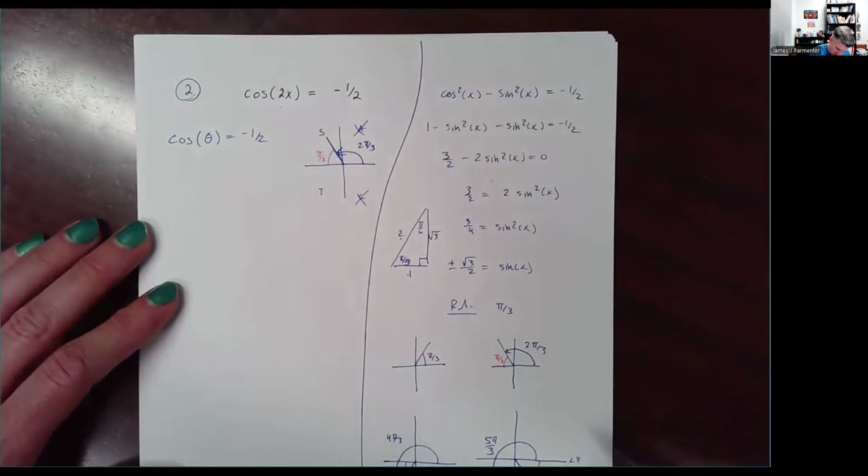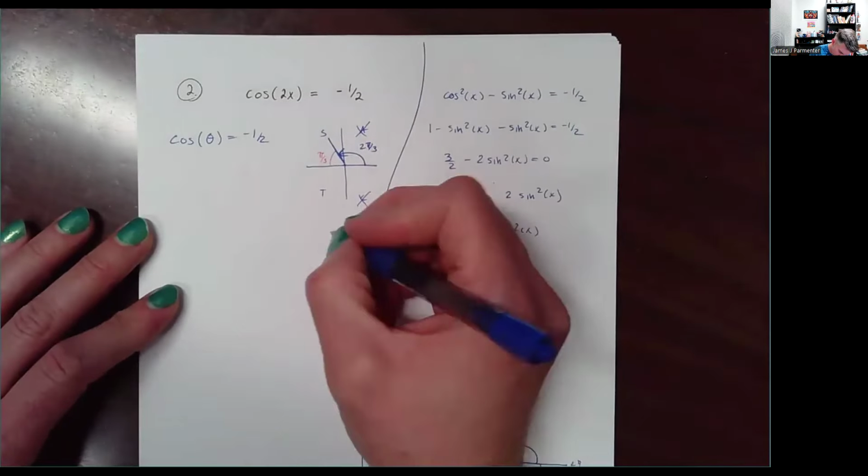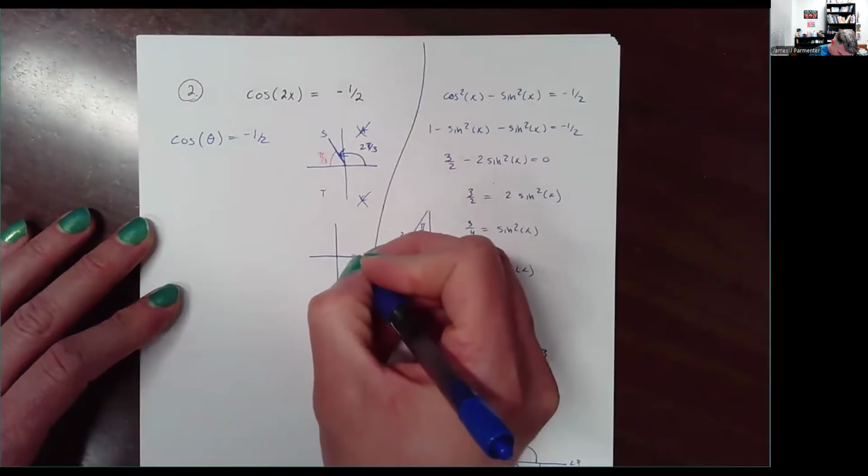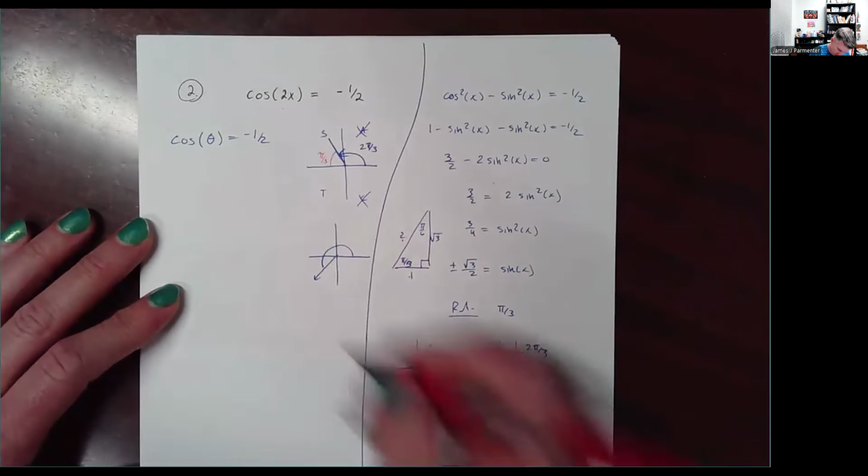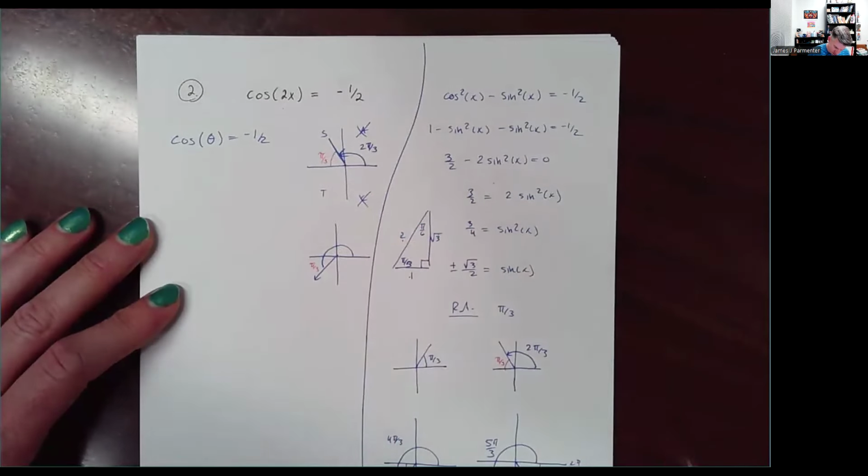And this angle here. Let's try it again. This reference angle is pi over 3, and the actual angle is 4 pi over 3.